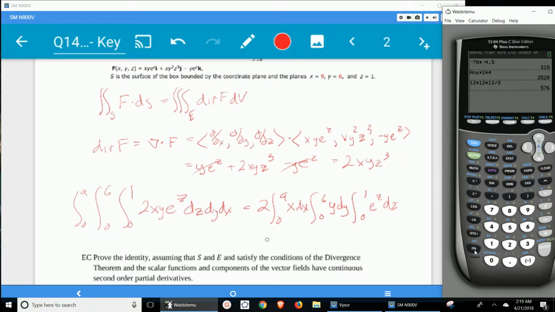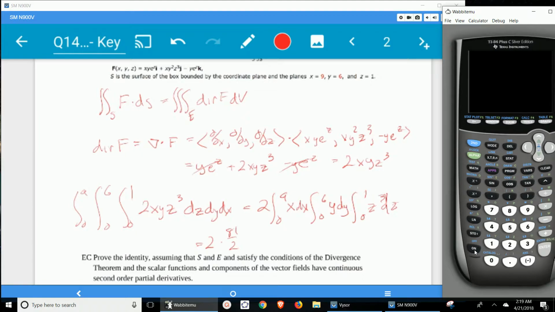Yeah. So does that make sense? Okay. So this is going to be 2 and then 9 squared over 2, so times 81 over 2, and then I think that's right.